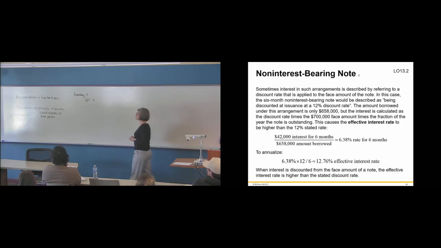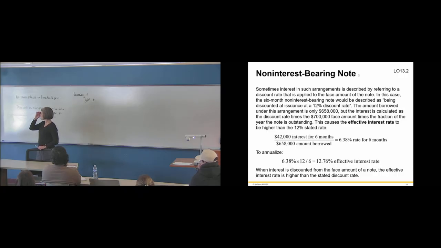Sometimes interest in such arrangements is described by referring to a discount rate that is applied to the face amount of the note. So what the bank would have said is we're discounting the note, hence the word discount on notes payable. We're discounting the note at 12%. So a lot of consumers think, oh, I'm paying 12% interest, but you're really not, right?